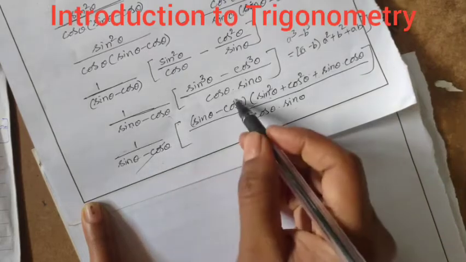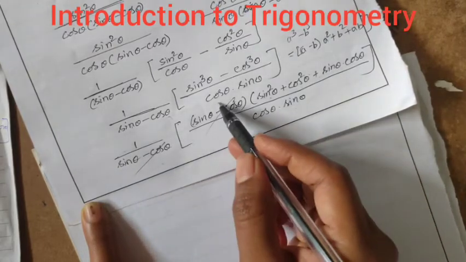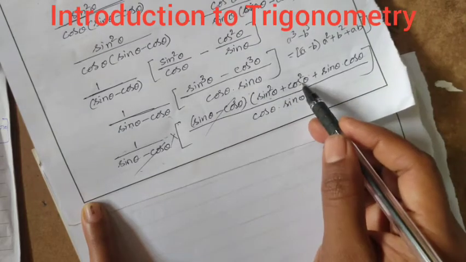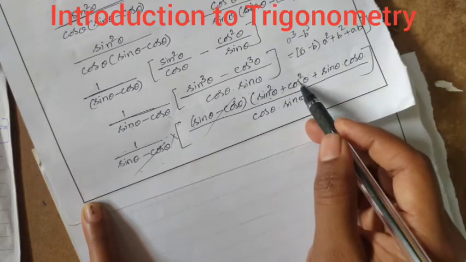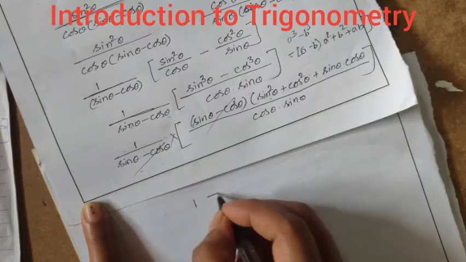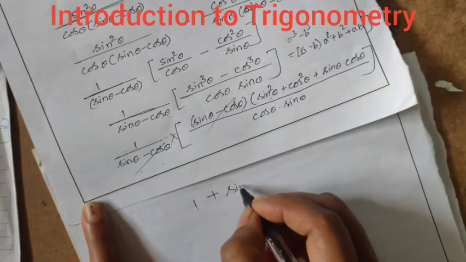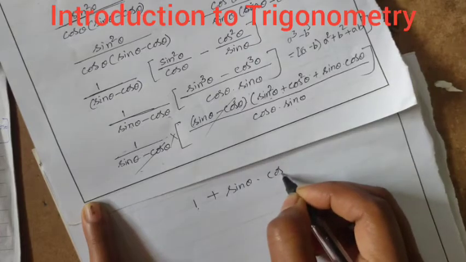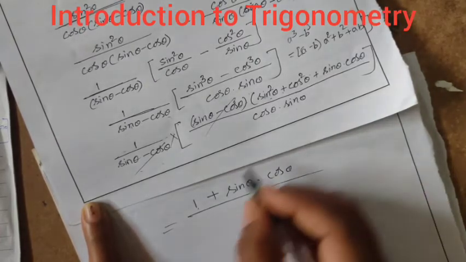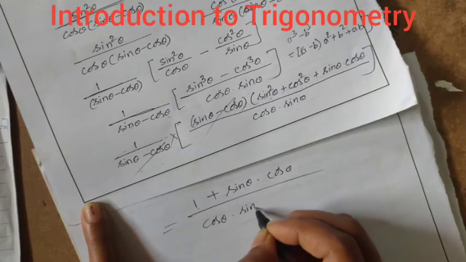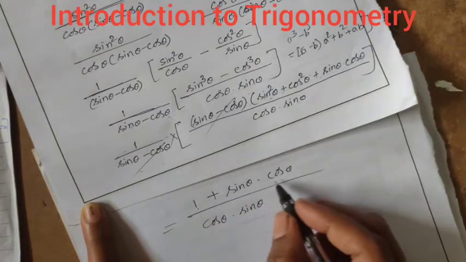Now we can cancel these two, because sin theta minus cos theta into 1 by sin theta minus cos theta will be cancelled. Now observe this one: sin square theta plus cos square theta. This value becomes 1, and write sin theta into cos theta divided by cos theta into sin theta. Now we can split it.